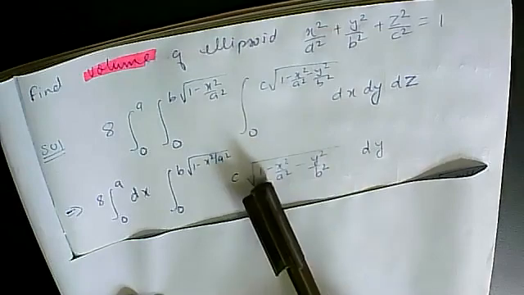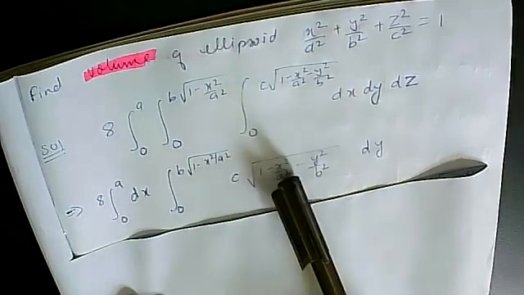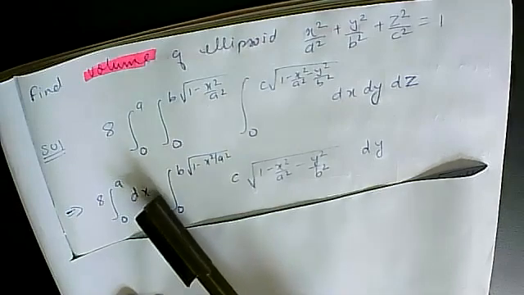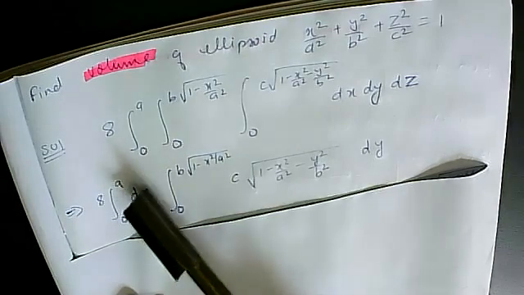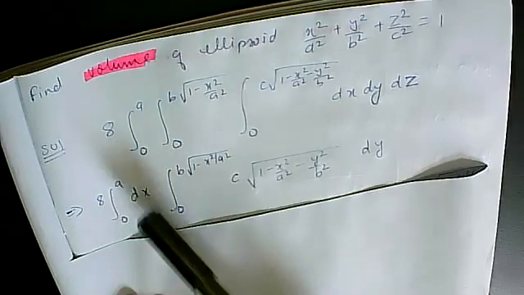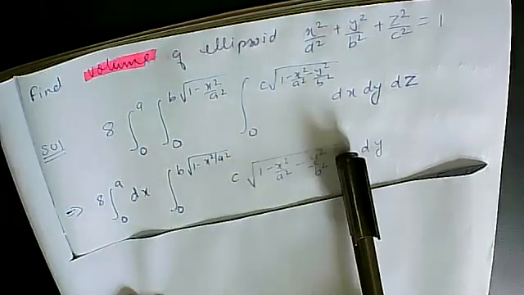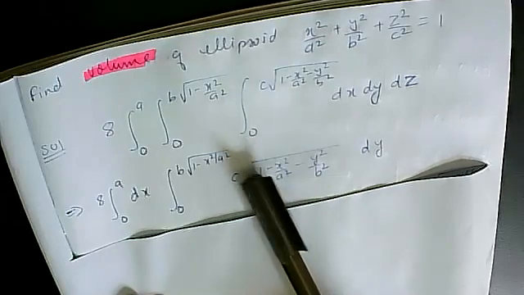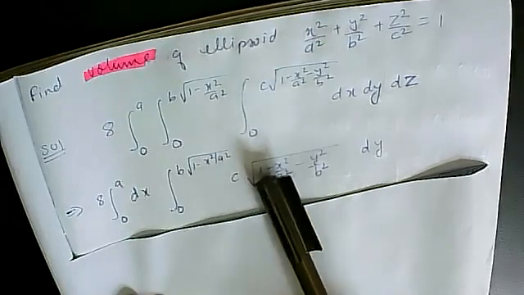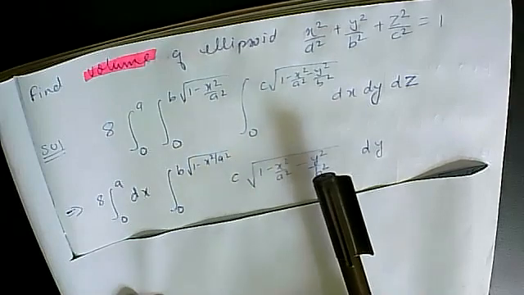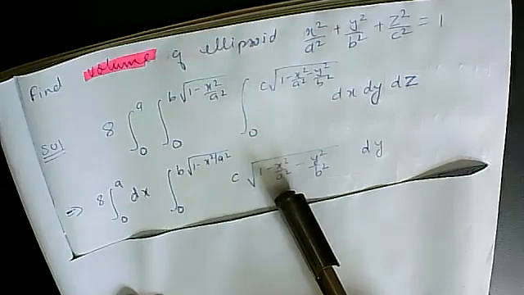Now I need to integrate this with respect to y. I have kept dx here because it will be a constant. It has constant limits, so I have to deal with it at the end. To simplify this, I will put this as some other constant and I will try to bring it to the formula of under root a square minus x square to integrate it, right?